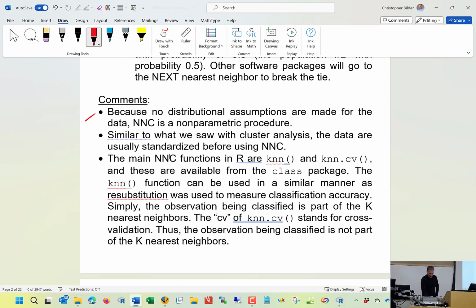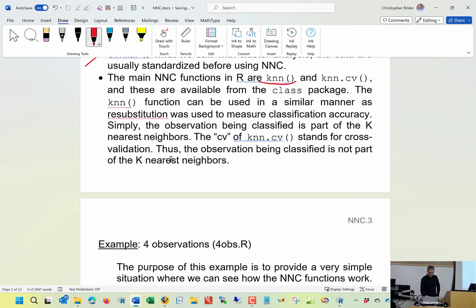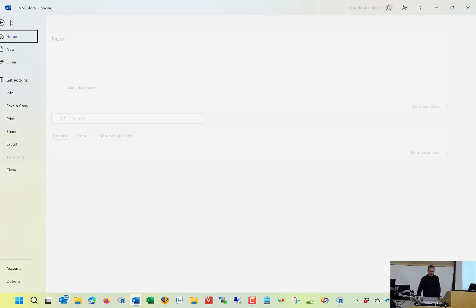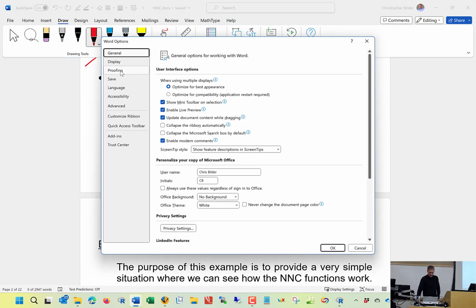So I've talked about this comment. The two main functions that we're going to use are knn and knn.cv. And you can imagine what that CV stands for. You probably know what it is. It stands for cross-validation.